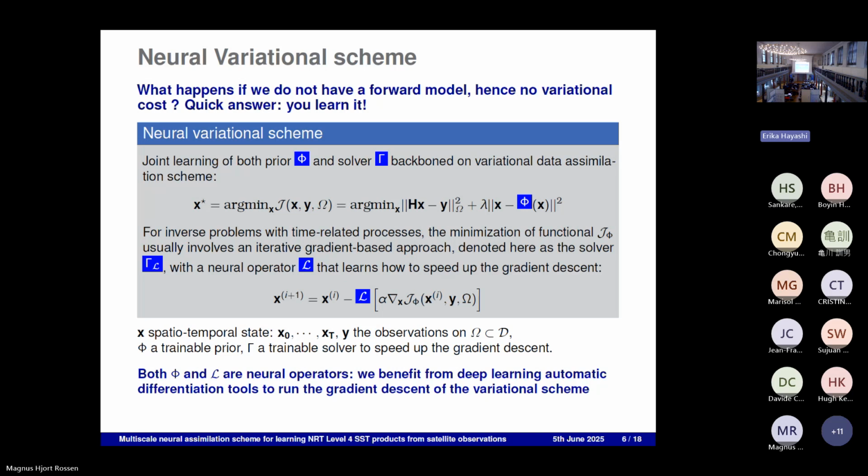So again, I want to add a second AI component to speed up the optimization of the process, which means that in the end, I keep the exact same assimilation schemes as before, just optimizing some parameters that are predefined before. And I will do that by jointly training the physical knowledge, the operator phi, and the numerical methods to solve for the problem.